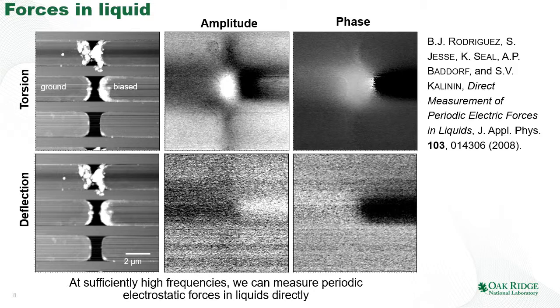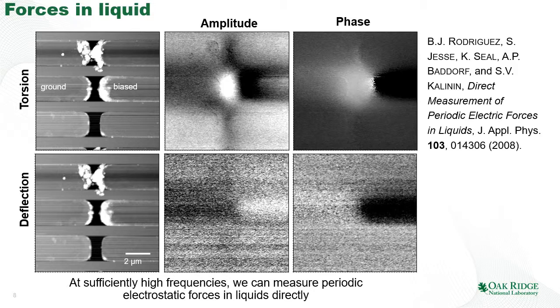And here is an example of the 3 electrodes on the left, and 3 electrodes on the right. We apply the bias to one of those electrodes, and we start to measure the amplitude and phase of the electrostatic forces directly in liquid. So this is, if you will, the implementation of the scanning impedance microscopy in a liquid environment. And interestingly enough, it works.